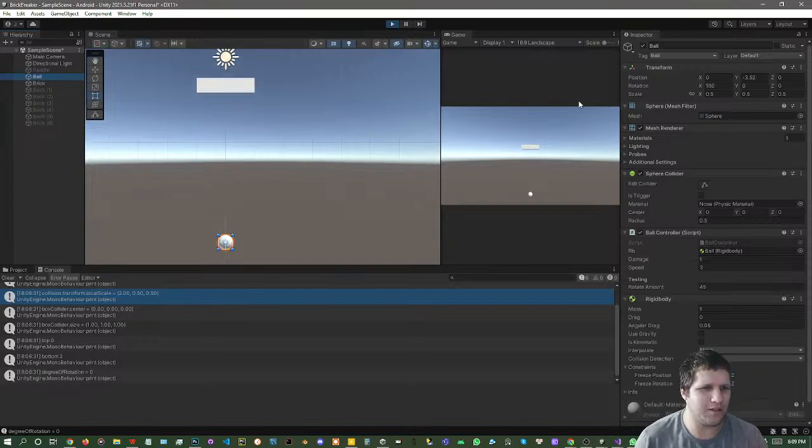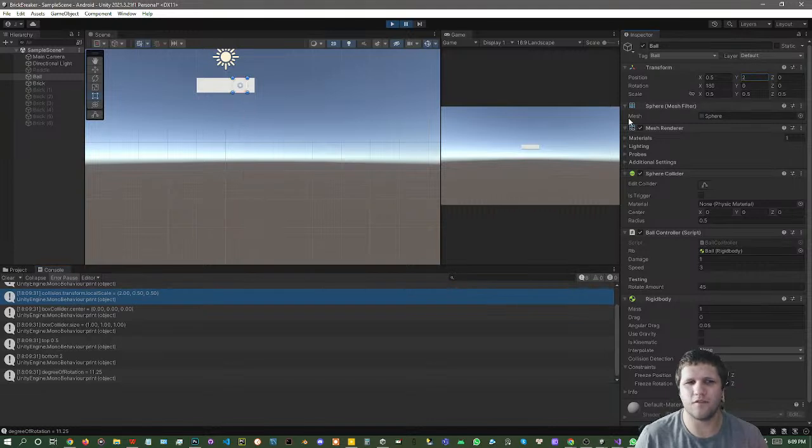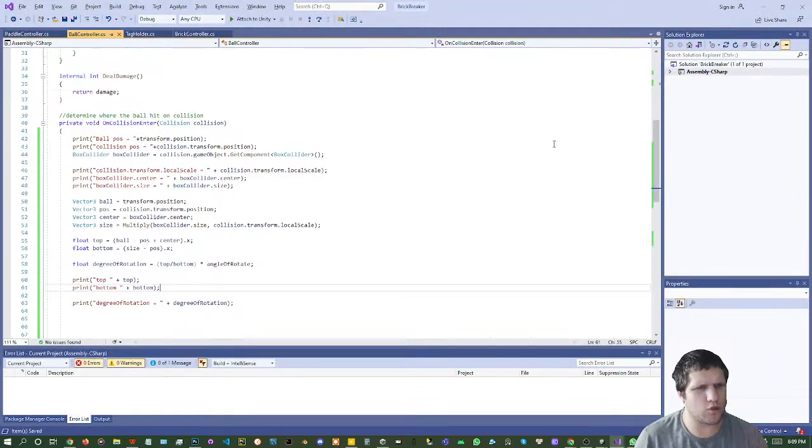So let's see. What if we move the x to 0.5? Now it should be 22.5. 11.25. Interesting. Top is 0.5, yes. The bottom is 2 though. Why is the bottom 2?